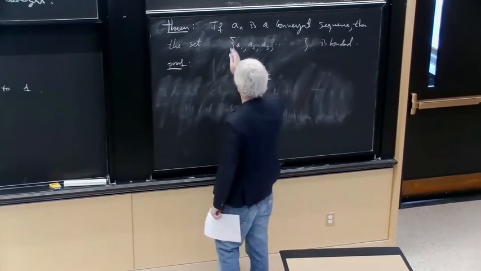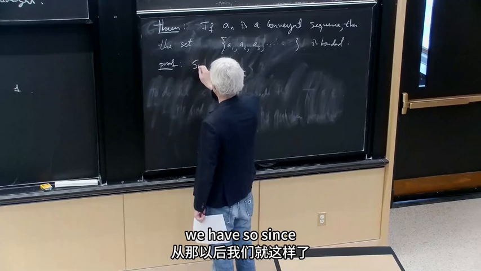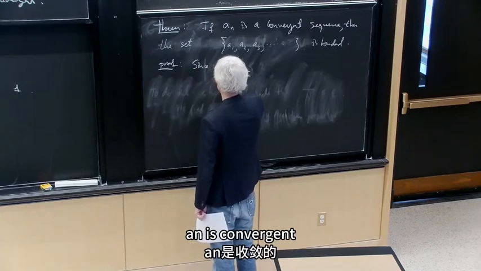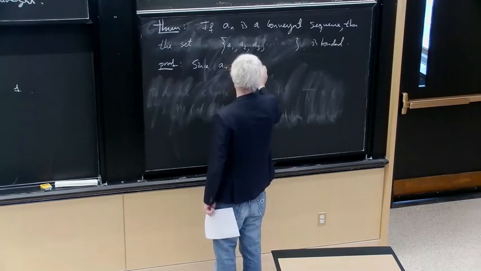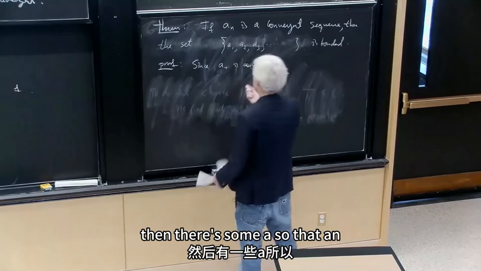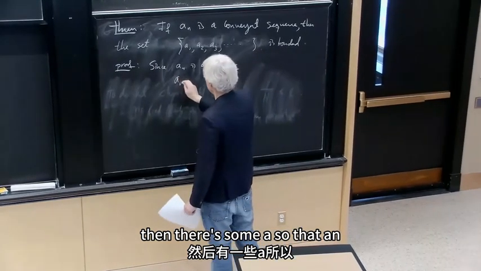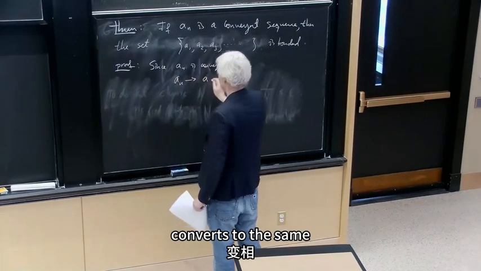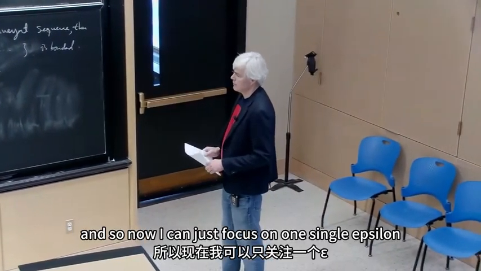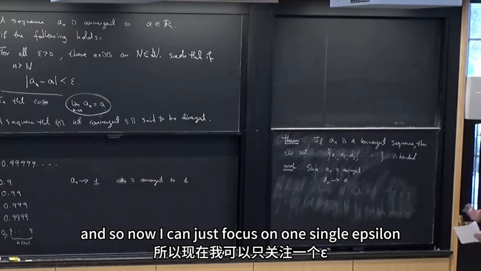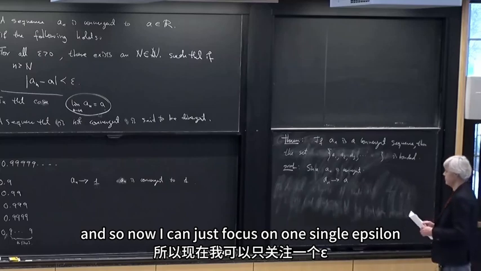So since a_n is convergent, there is some A so that a_n converges to this A. And now I can just focus on one single epsilon.